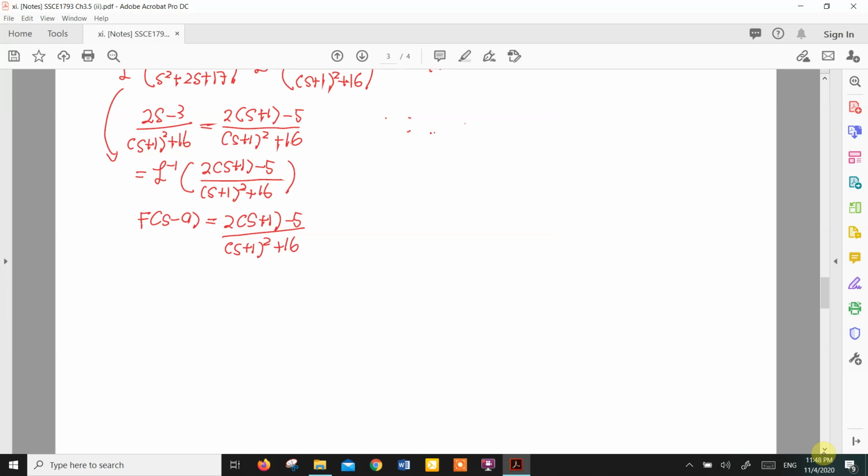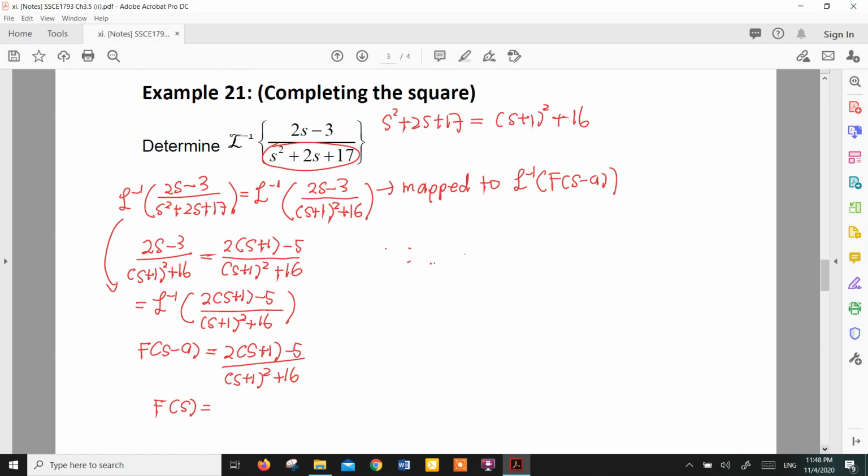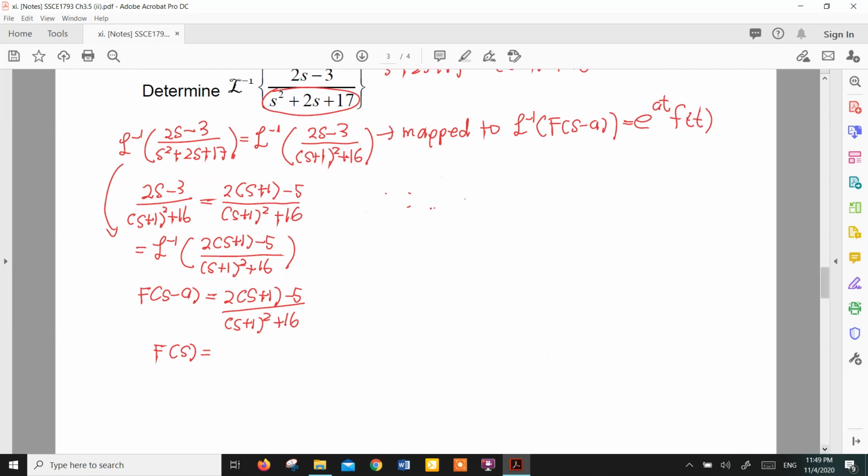I want to have the F(s) function, because if it is mapped to the inverse of F(s minus a), then it equals e to the power of at times f(t).